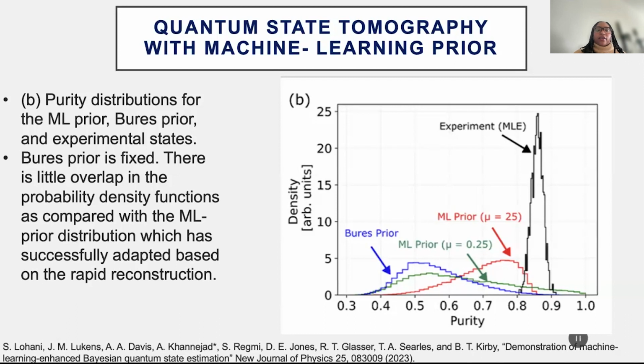We see very little overlap with the fixed BRS prior compared to the ML prior, which successfully adapts based on rapid reconstruction. The lower bias green covers the experimental distribution more uniformly than the higher bias red curve, which may contribute to its higher fidelity in the previous figure, figure A.